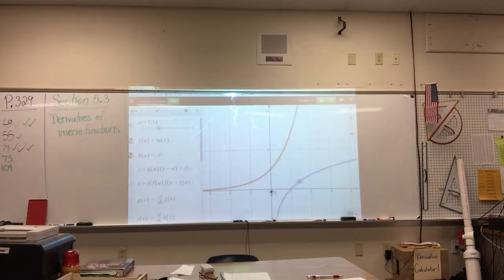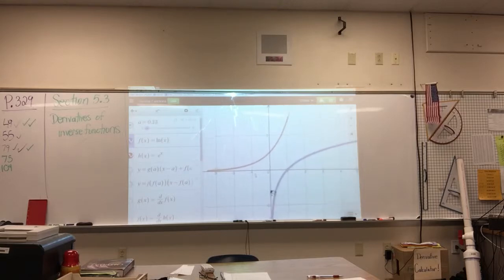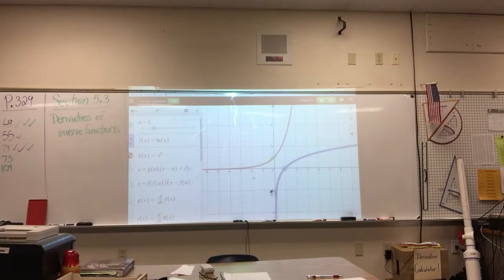So look at these two functions. The blue one is the natural log of x, and the red one is e to the x. Okay? Have we ever been told that those two are inverses? Yes, we have been. What's the deal with inverse functions, with two functions that are inverses? You switch the x and the y. The x and the y are switched.